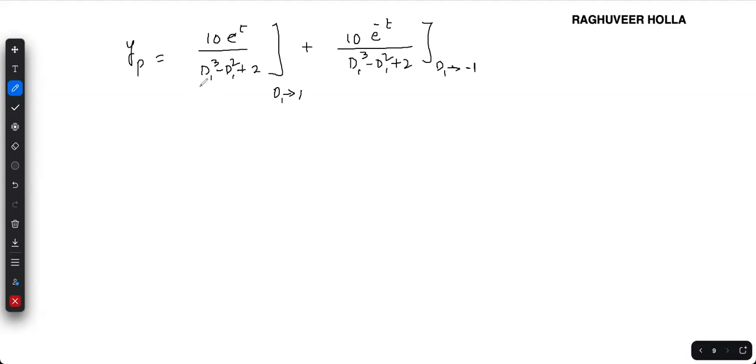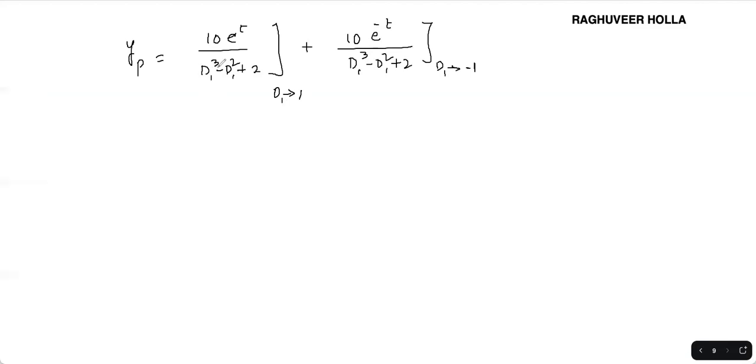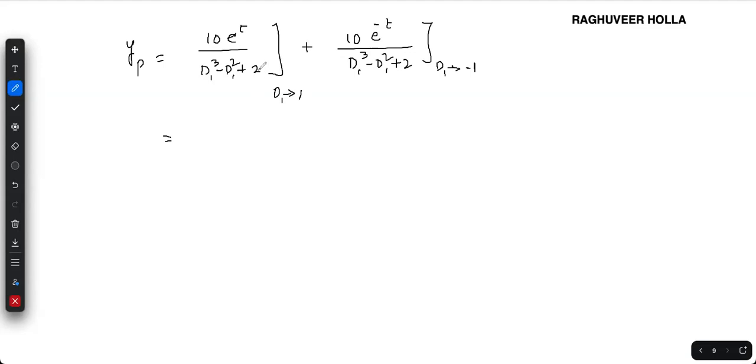If I substitute D as 1, this is 10 divided by (1 minus 1 plus 2) times e to the power of t. If I substitute D as minus 1, the denominator goes to 0, since minus 1 minus 1 plus 2 is 0.